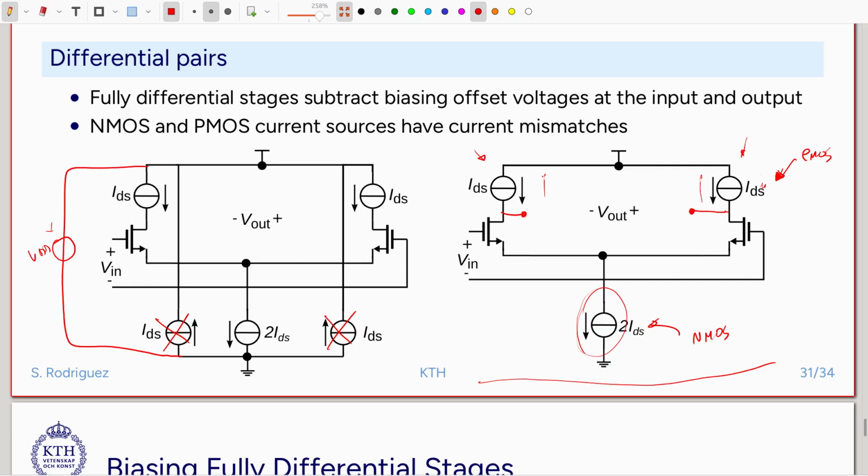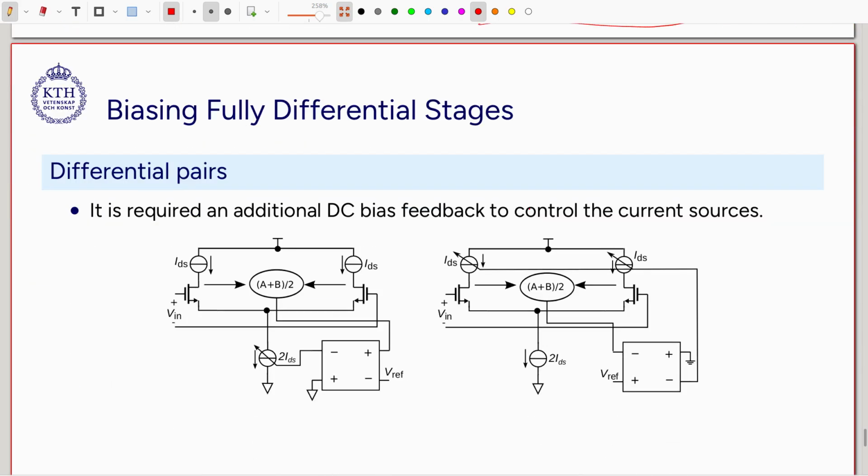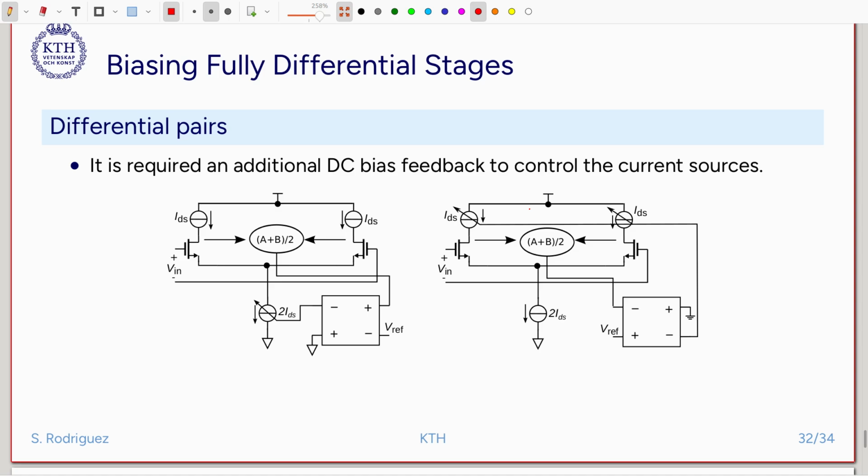So we need to introduce a mechanism that controls exactly the DC level of the output, and that mechanism is called the common mode feedback. The implementation of the common mode feedback is very similar to the additional feedback loop that was required to bias the transimpedance amplifier.